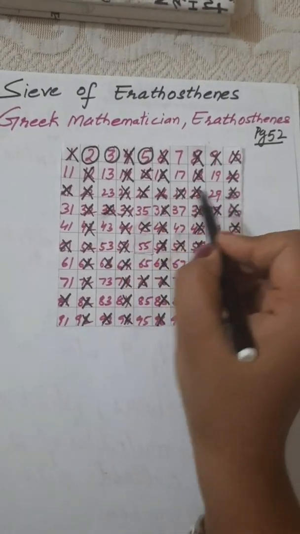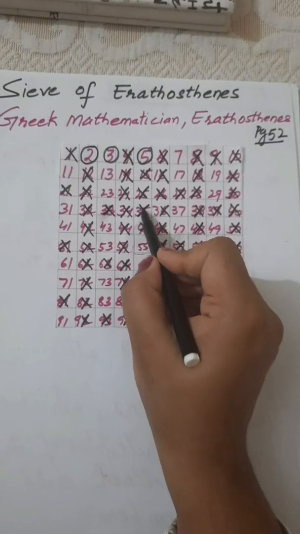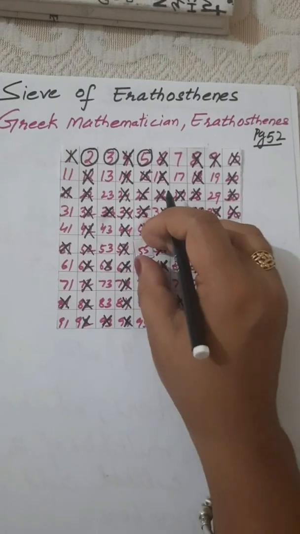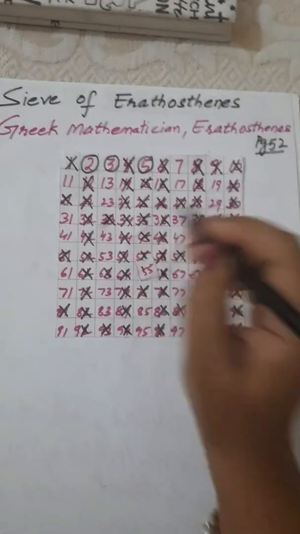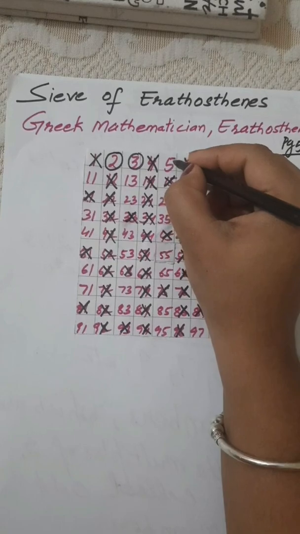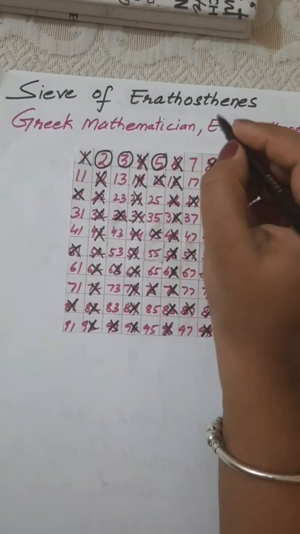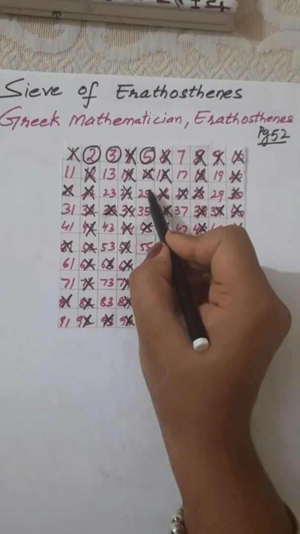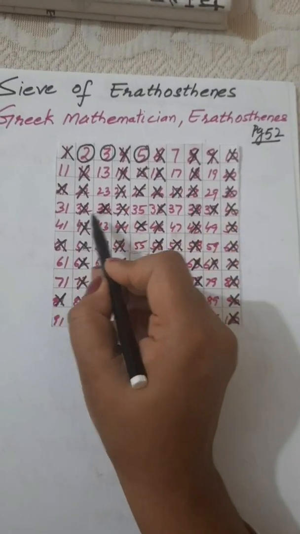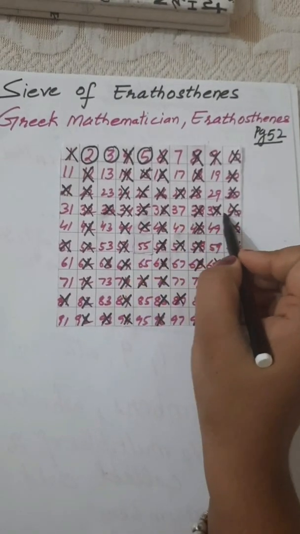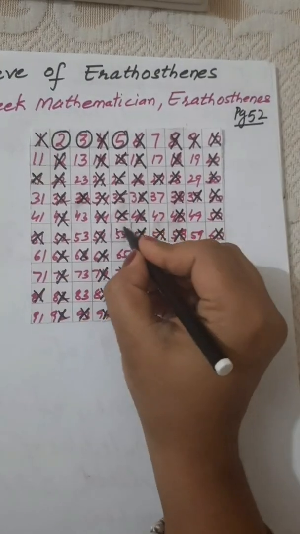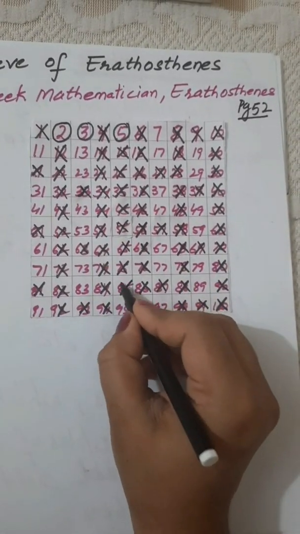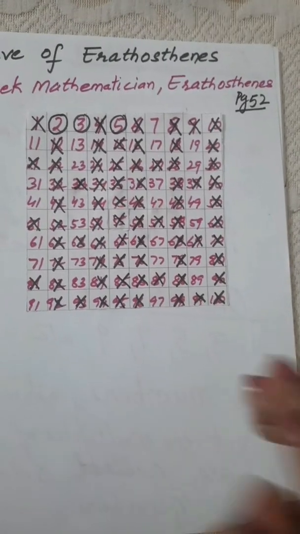Cross 25, then here we have 35, cross 35, then cross 55, then cross 65, then 85, then 95.